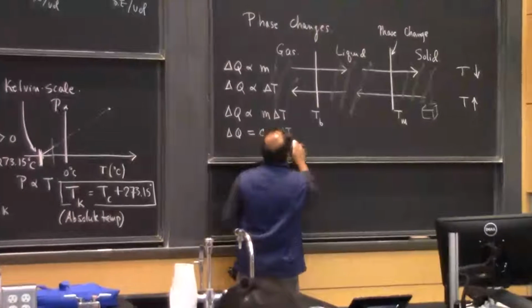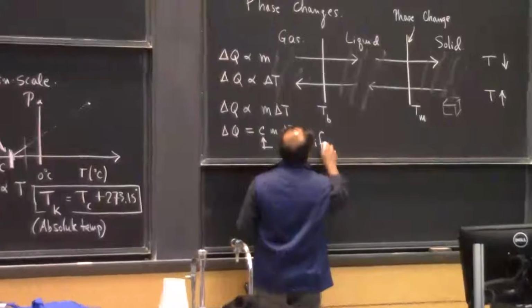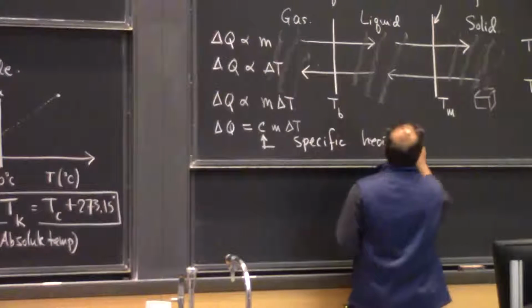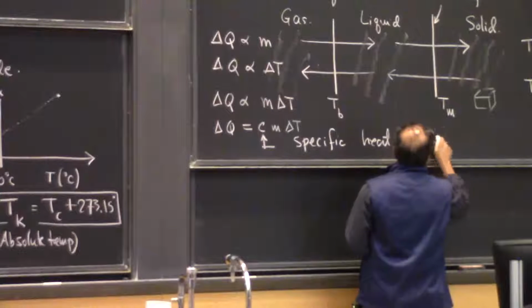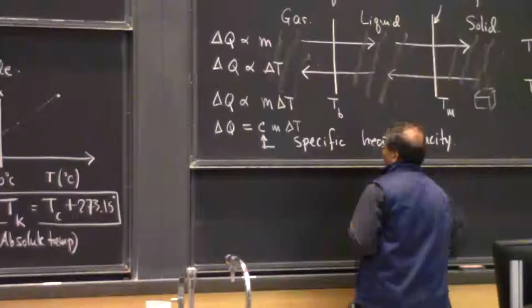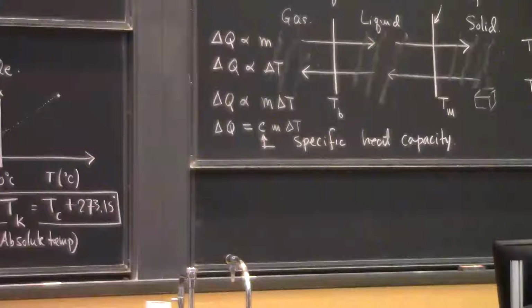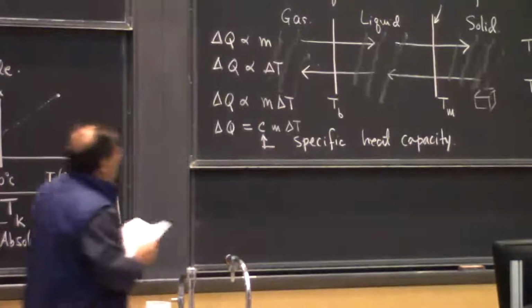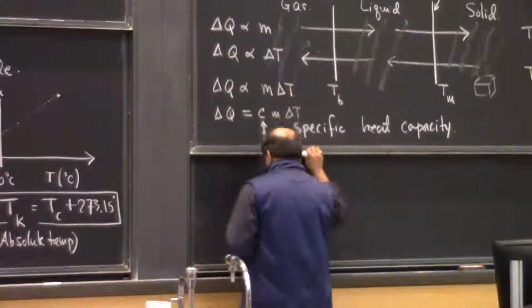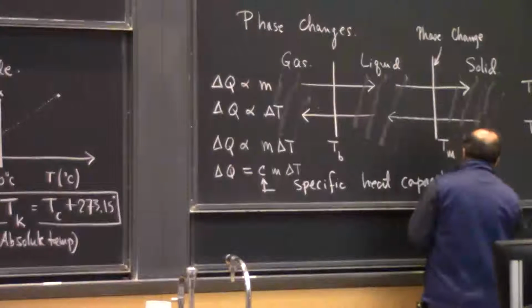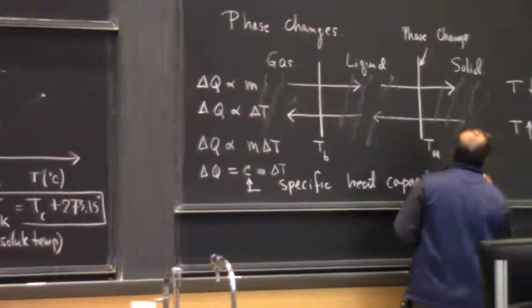is specific heat capacity. The book actually does a pretty good job of describing all these things, so feel free to consult the book and the worked out examples there just to prepare yourself, because I don't really have the time to go over all of them. But just to give you a sense of numbers, the unit here is joules per kilogram degrees Kelvin.